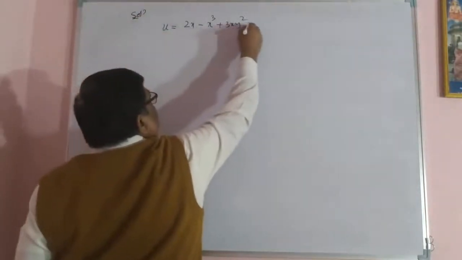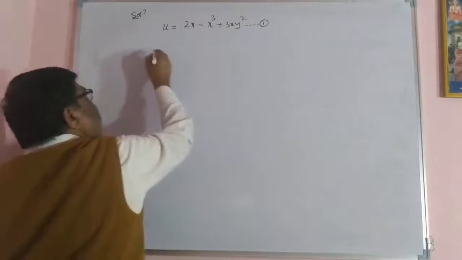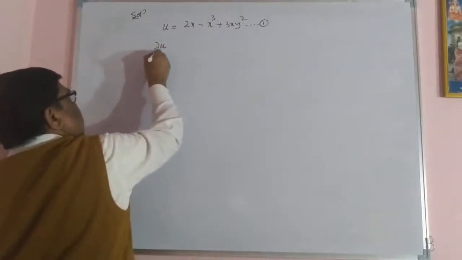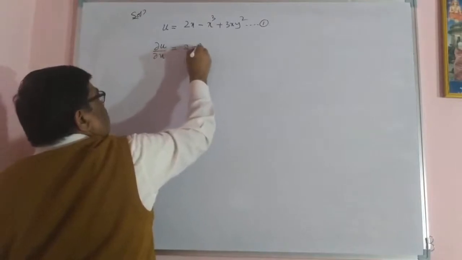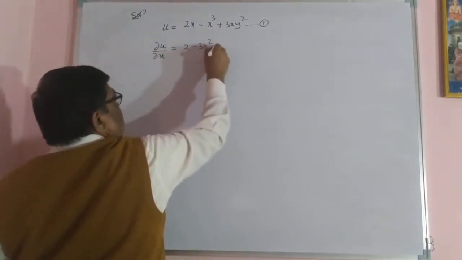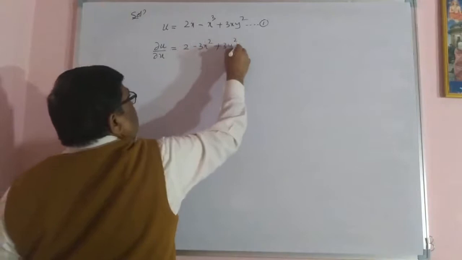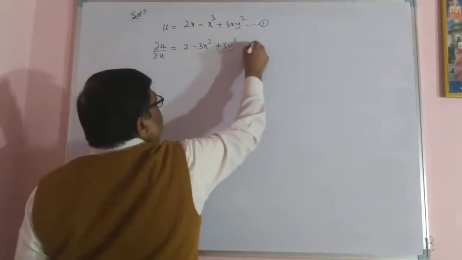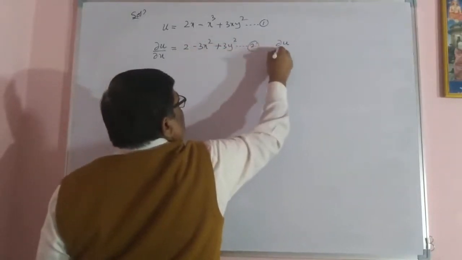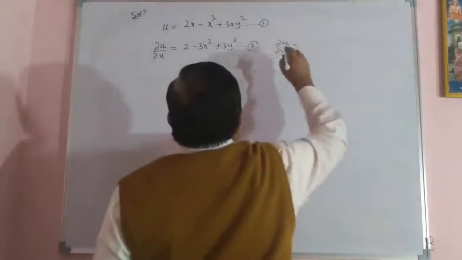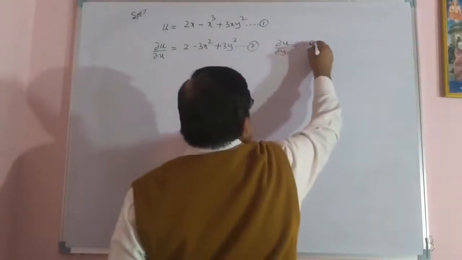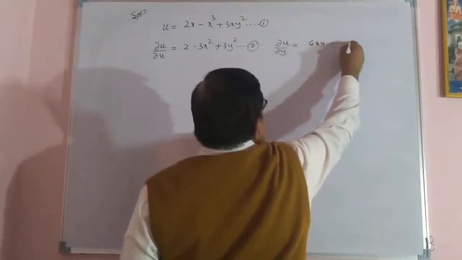Call this as 1. You differentiate partially with respect to x as well as y. Dou u by dou x equal to 2 minus 3x square plus 3y square. Call this as 2. Dou u by dou y equal to 6xy. Call this equation number 3.